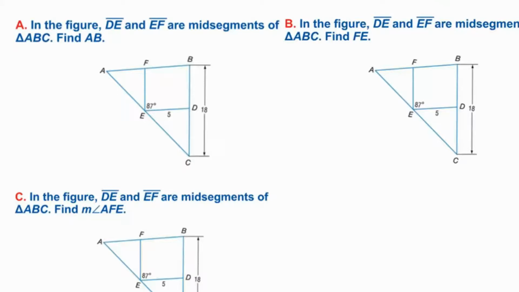We know that since DE is a midsegment, it is half the length of AB. So ED equals 1/2 the length of AB. Well, ED is 5, so AB would have to be 10.